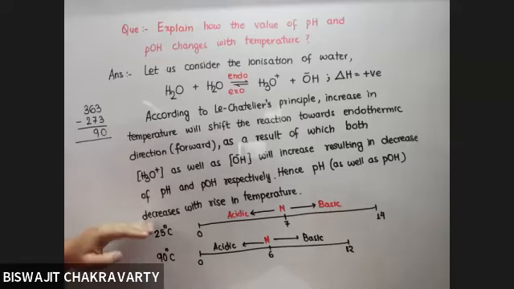And as temperature keeps decreasing, the length of the scale will keep on increasing and the neutral point will keep on shifting towards right. But as we are increasing the temperature, the neutral point is continuously shifting towards left. Understood? Yes, sir. Okay. Can I proceed? Yes, sir. Okay, fine.